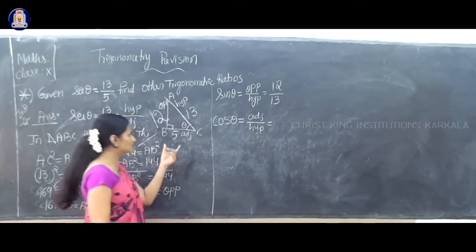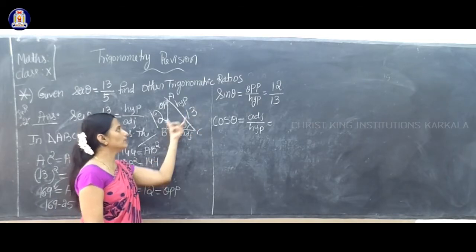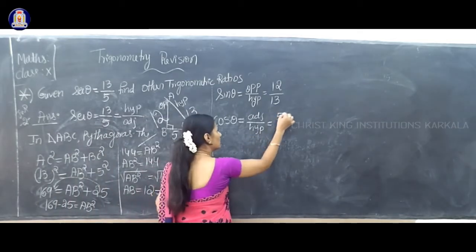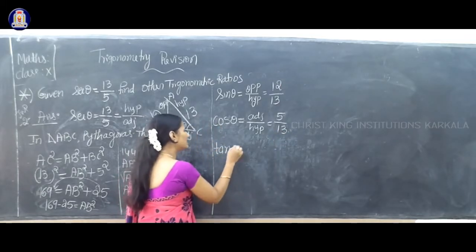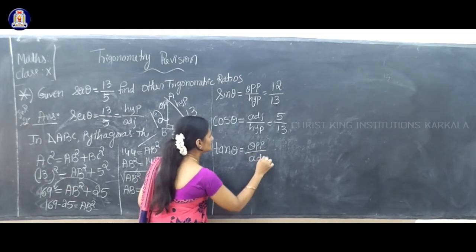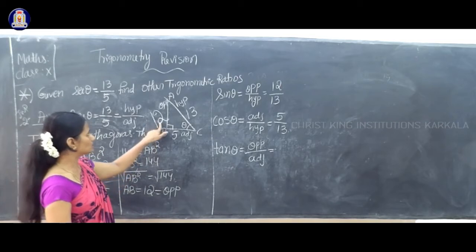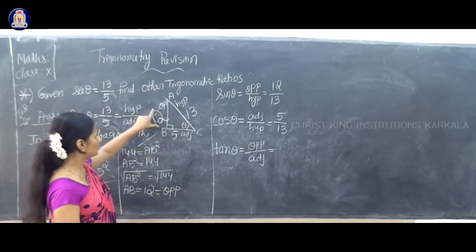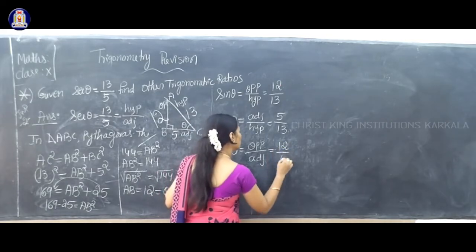Adjacent side is 5, hypotenuse side is 13. So 5 divided by 13. Next, tan theta is opposite side divided by adjacent side. Definition, formula, you should know that. So it is 12 divided by 5.